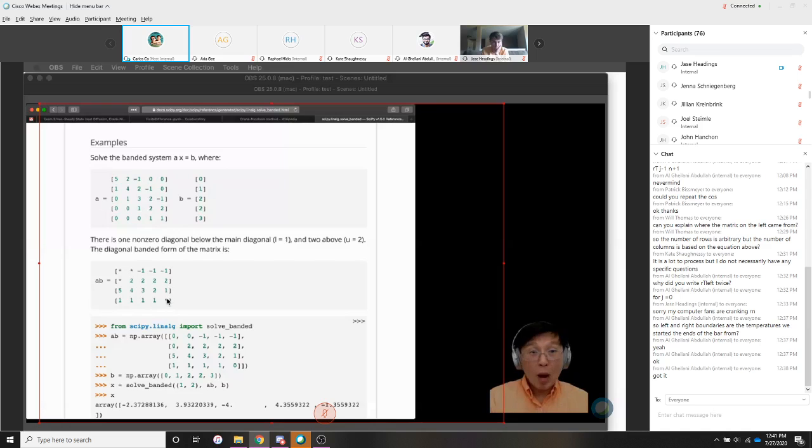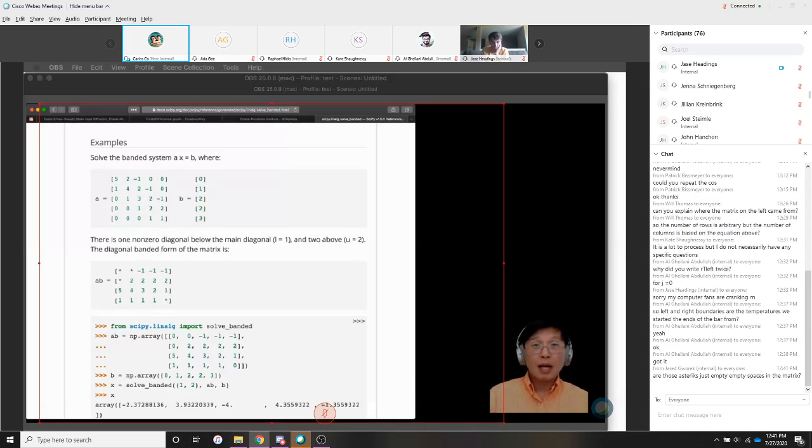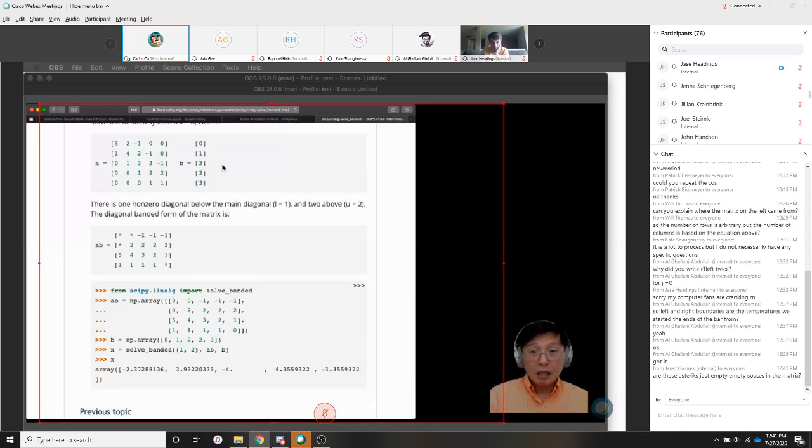Okay, did you see? The way you present this information to SciPy solve banded is the following. Instead of creating the entire array, which is a 5 by 5 matrix, you only provide the diagonals.